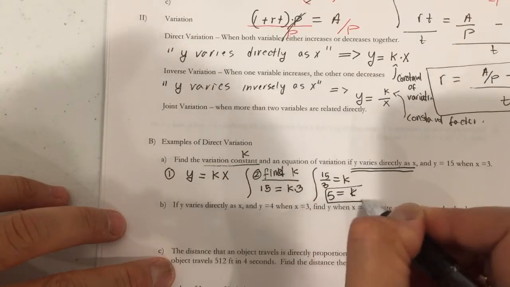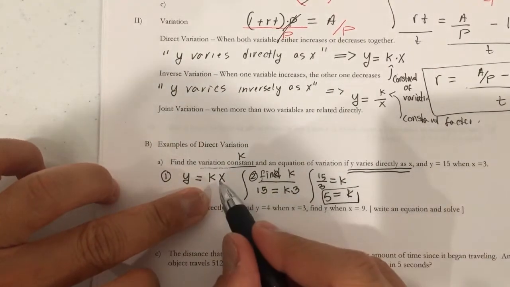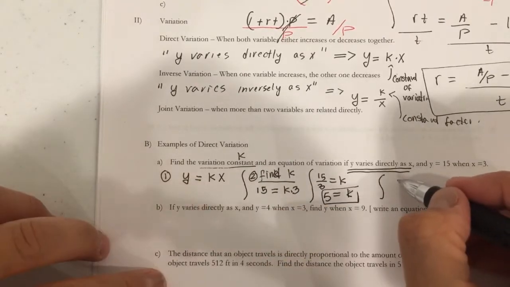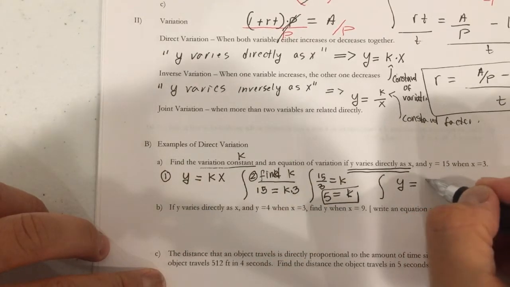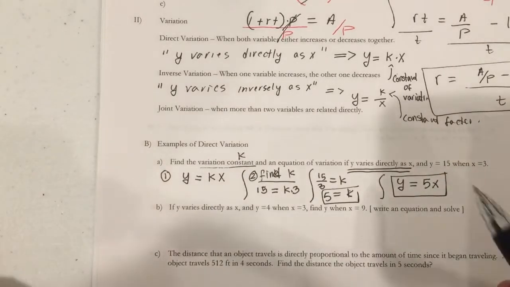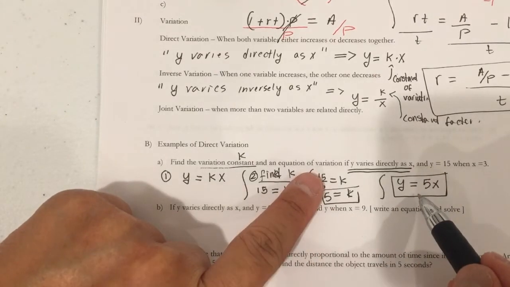So now, using the given information, we know the constant of variation, and therefore we can form an equation. Our equation is y equals 5x, and we're done. This is our constant of variation, and this is our equation of variation.